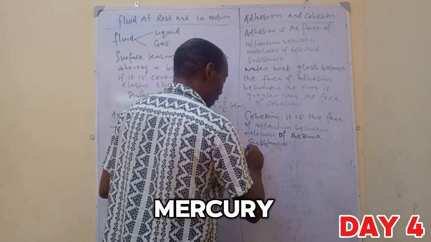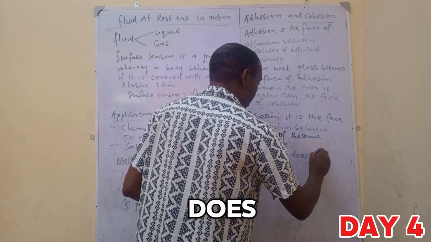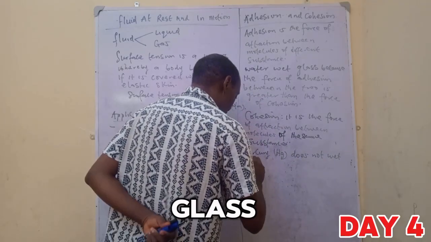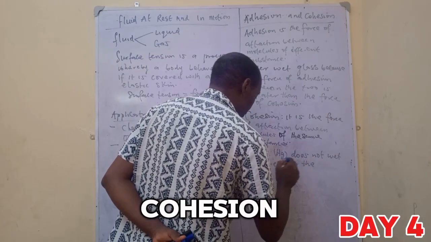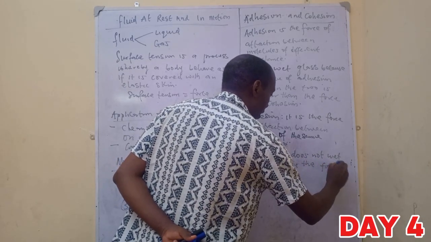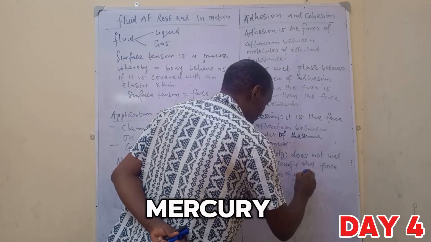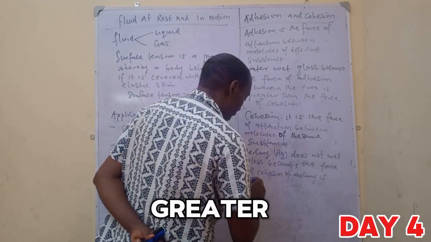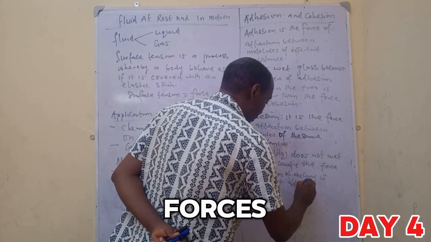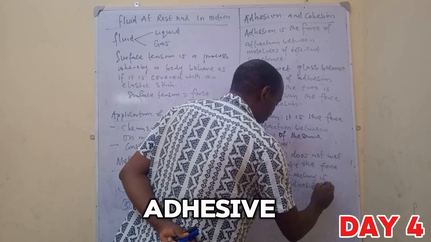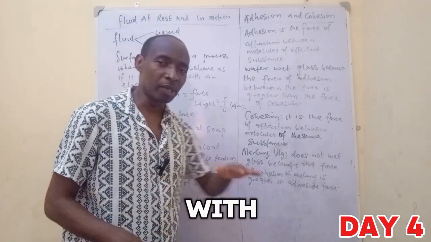Mercury, chemical symbol Hg, does not wet glass because the force of cohesion of mercury is greater than its adhesive force.